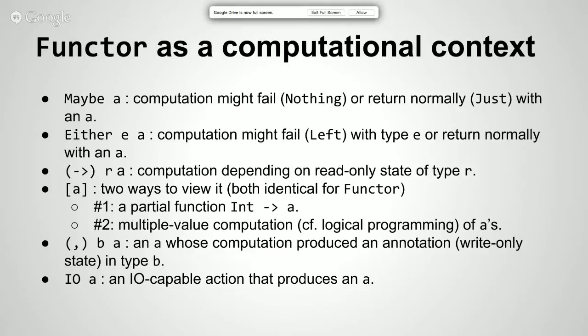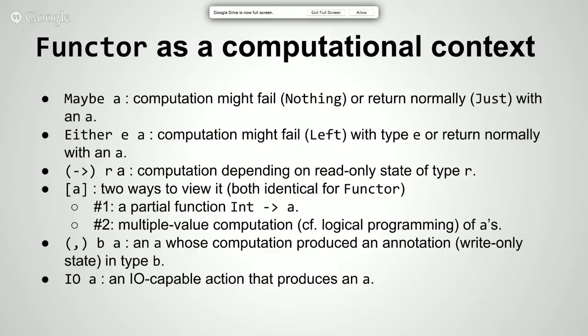Or we can also see it as multiple value computation, which when I talk about non-determinism in this class, I'm actually talking about deterministic non-determinism, which will be evident in a second. Right now it sounds confusing, but it's the idea that if you have a function that can return multiple values, and then you feed it into a function that accepts one value, you can apply it with all those values and branch out. It'll become more clear when I talk about the list monad.